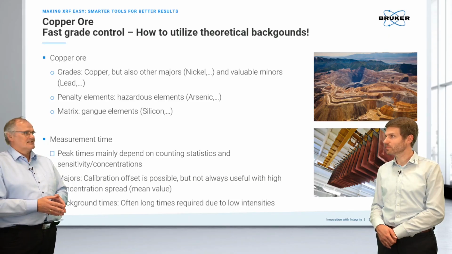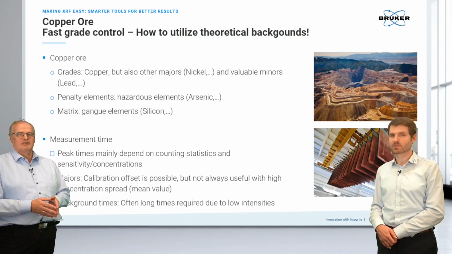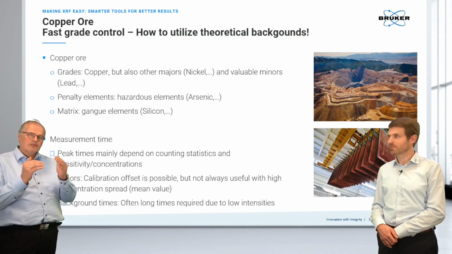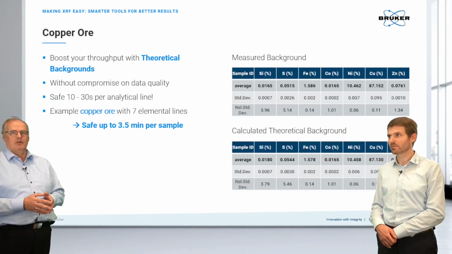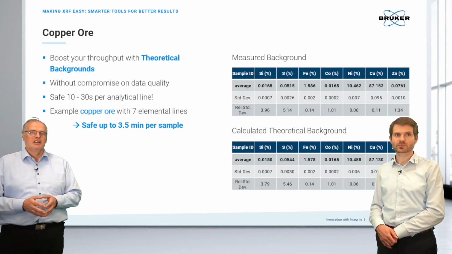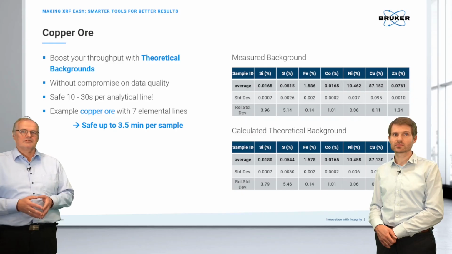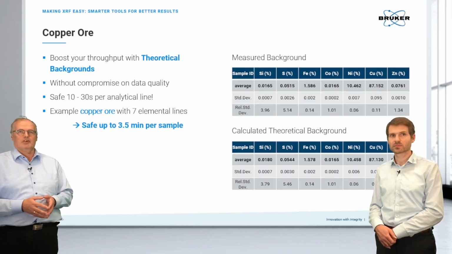The background lines cost us a lot of time because intensity is low and we want to achieve a certain counting statistics. So they easily add up to something like 10 to 60 seconds, or 30 seconds, per line.